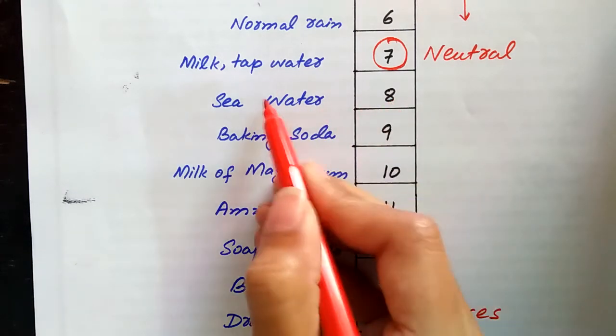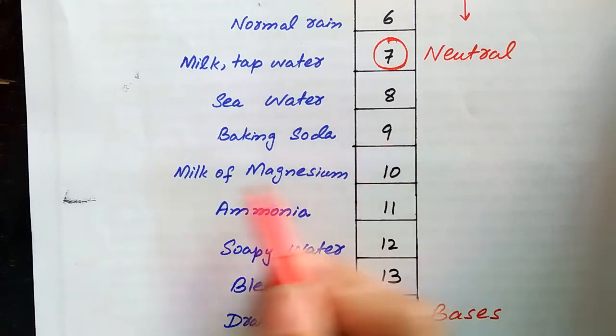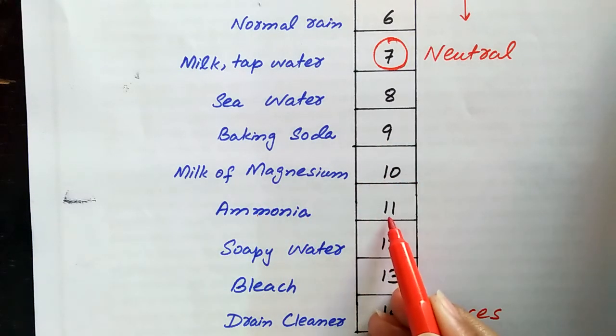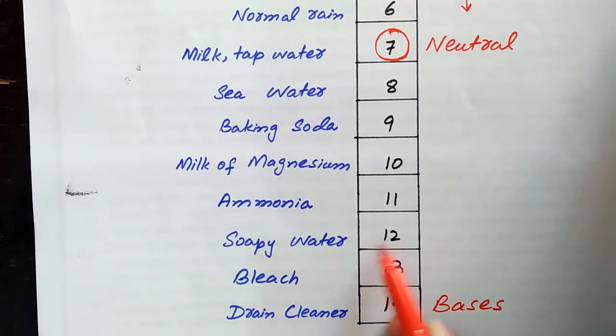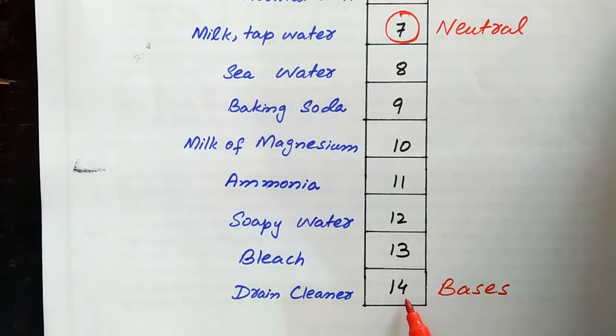So pH 8 represents seawater, baking soda has pH 9, milk of magnesia has pH 10, ammonia has pH 11, soapy water represents pH 12, and bleach represents pH 13. That is a strong base. And drain cleaner is also a strong base, representing pH 14.